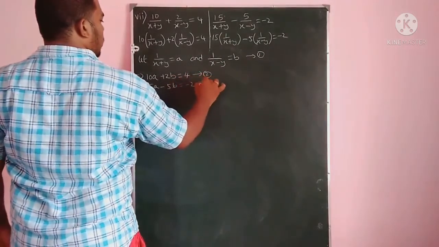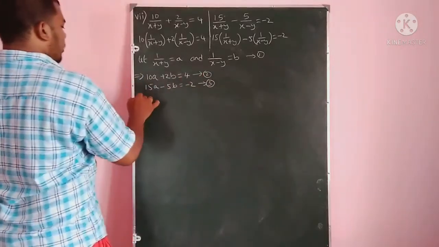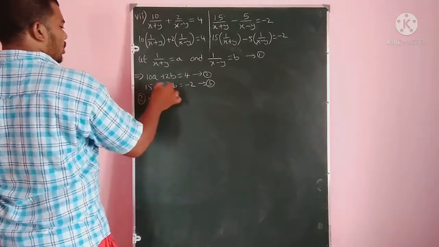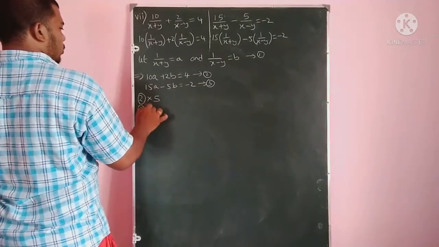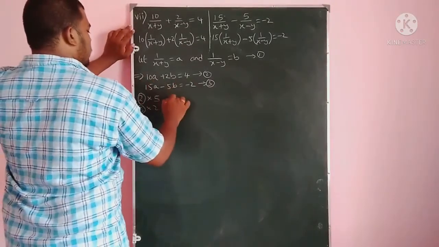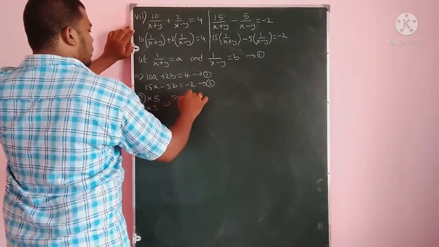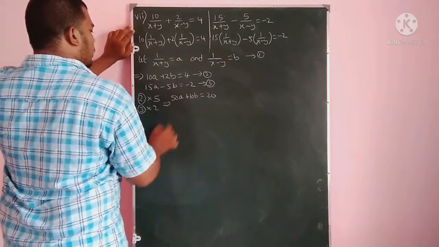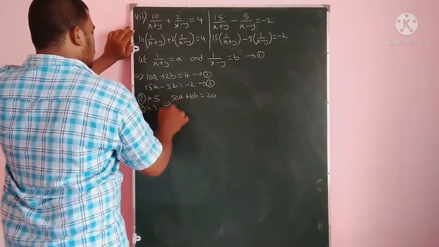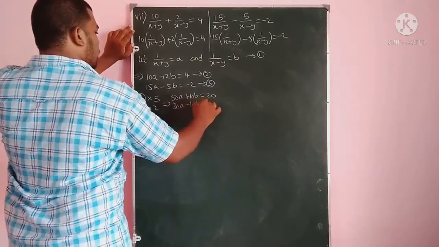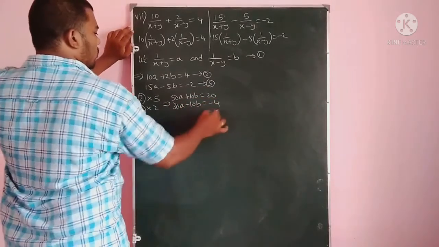Call them 2 and 3, and go with the elimination method, making the b coefficients equal. 2 should be multiplied with 5, 3 should be multiplied with 2. Then with 5 you will get 50a plus 10b is equal to 20, and with 2 you get 30a minus 10b is equal to minus 4.